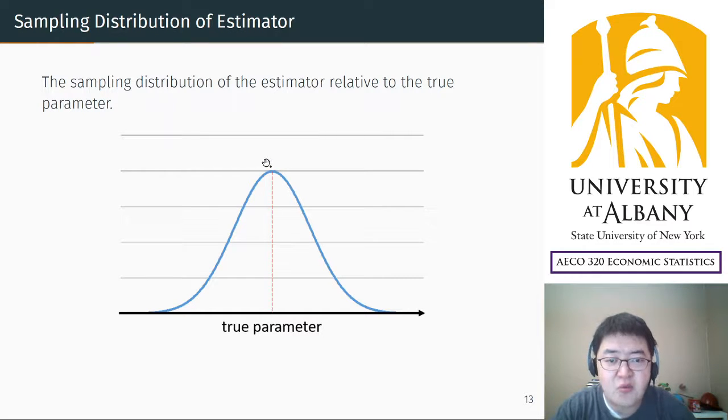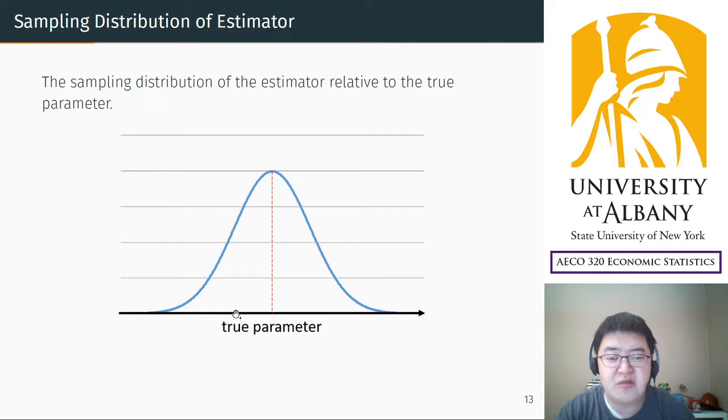and when you repeat estimation, say the true parameter is the percentage of voters supporting a certain candidate, so the answer is here. And then to estimate this parameter, you survey 1,000 people. And from the first survey, for example, you get a point here, which is smaller than the true percentage.